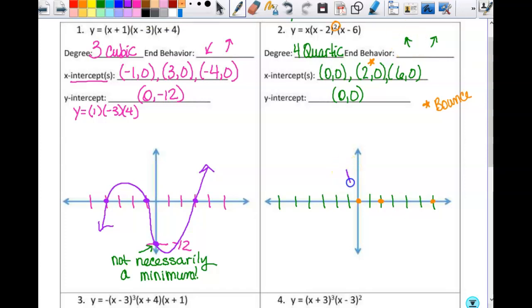I'm going to come down through here, and then I'm going to have to come back up to hit the 2. Well, that's where my bounce is, so it's going to bounce like this, come back down, come back up. And so my end behavior is up, up. I only crossed through the x-axis at intercepts. I bounced at 2 like I was supposed to.